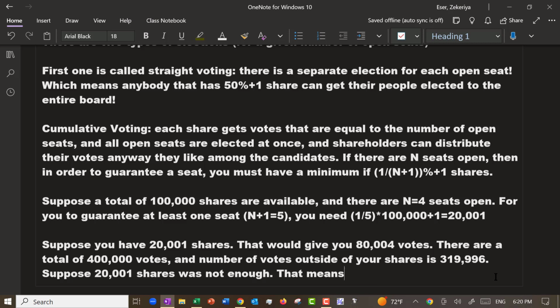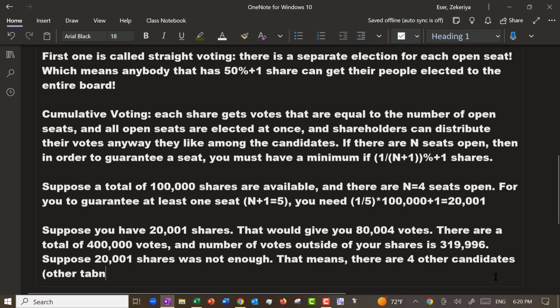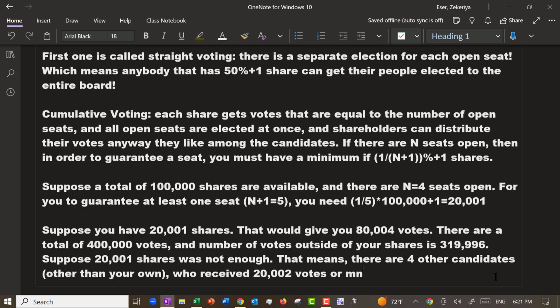That means there are 4 other candidates, other than yourself, who received 80,005 votes or more. Is that possible?